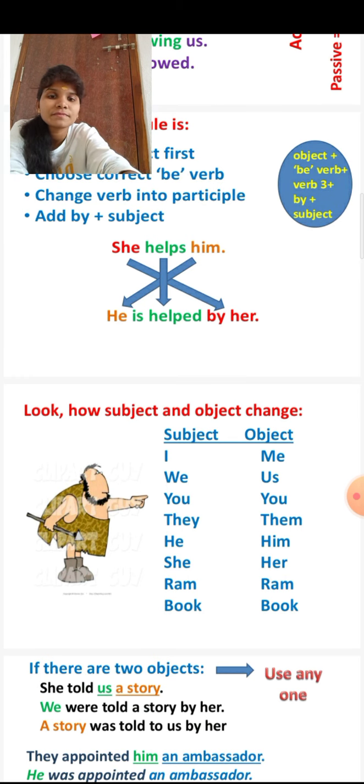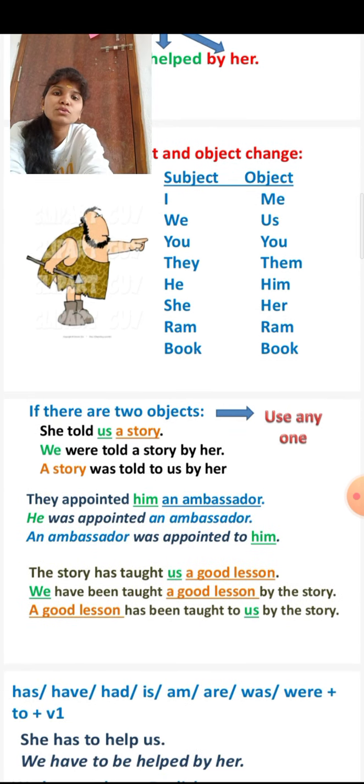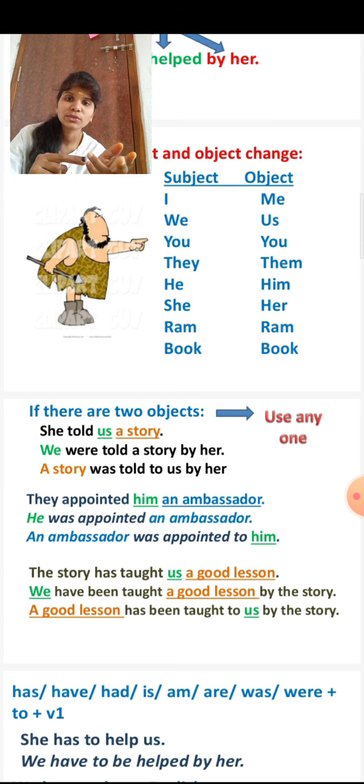If the sentence has two objects, use any one. For example, she told us a story. Here two objects are there. What are they? Us and a story. These two objects we have. So: we were told a story by her.